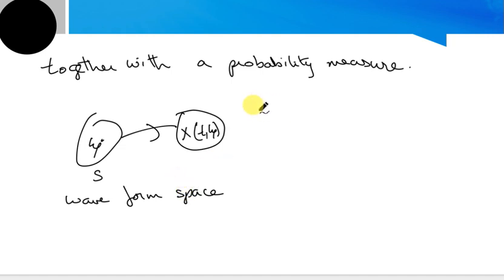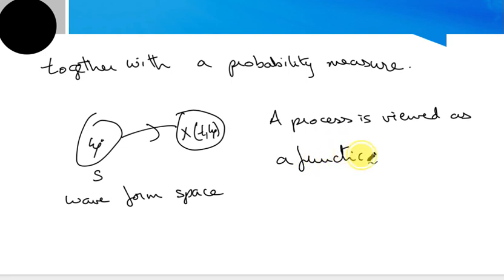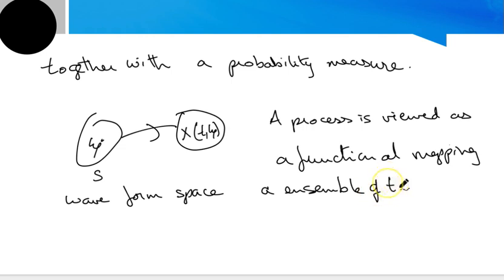So here a process is viewed as a functional mapping, and is given as a map from eta to x of t comma eta, an ensemble of time waveforms.